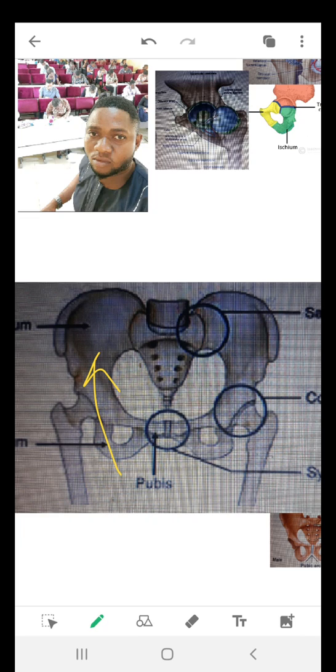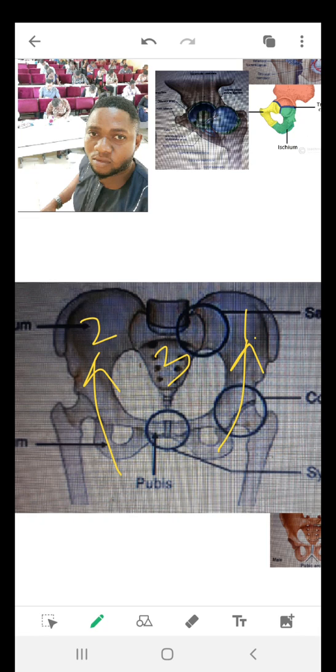I told the person the pelvis is actually an area between the abdomen and the perineum. But when we say the pelvic bone, we are not only talking about these two bones here, 1 and 2. We are also talking about this bone here, 3, which is the sacrum.